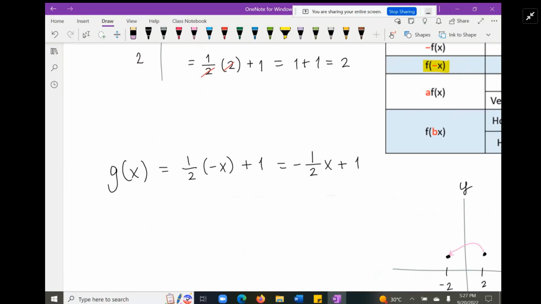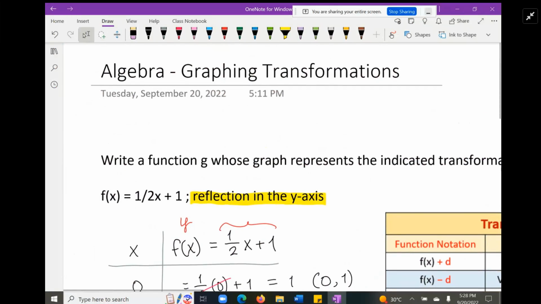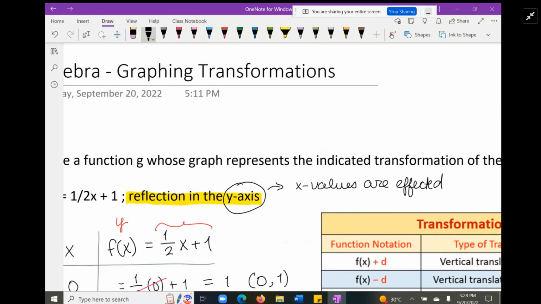That's the funny part about the reflection and some other transformations regarding the linear function. But the key point here is when it's a reflection over the y-axis, x values are affected. It's going to be what I like to call a horizontal effect.